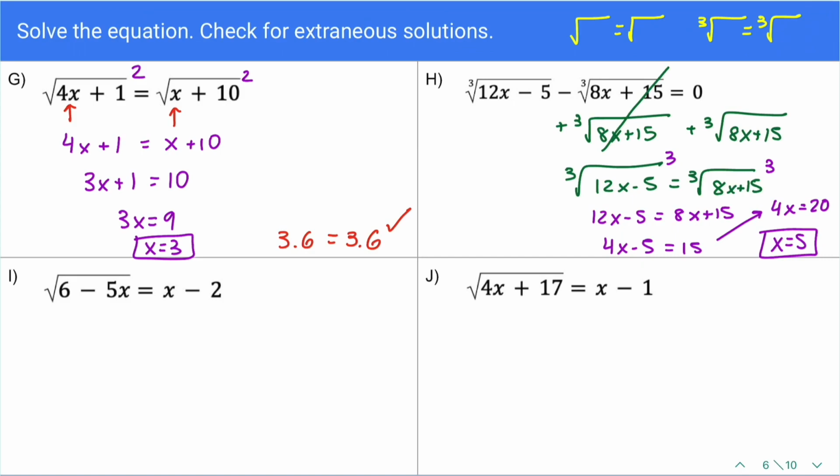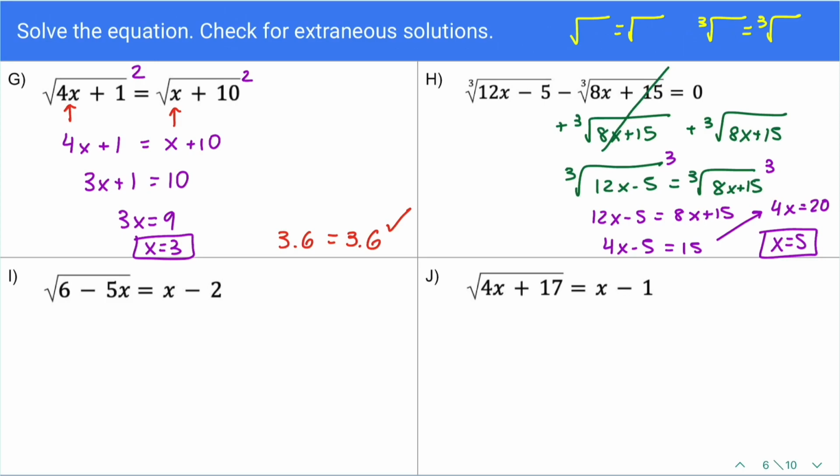Again, you do want to plug that in. You can plug that into the original equation and make sure that you get 0 out. Or if you did that first step correctly, you could plug into both sides of that green equation to make sure you get out the same thing as well, which I will now do. So again, you hit math. You can use the cube root button if you want. 12 times 5 minus 5.